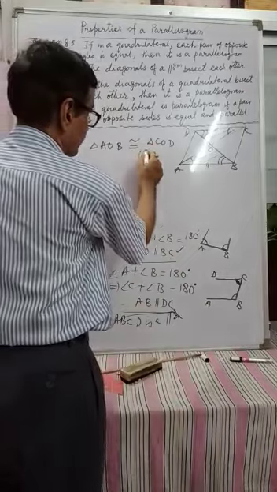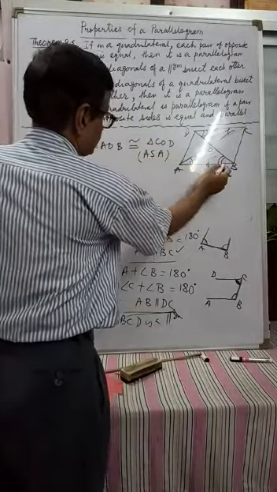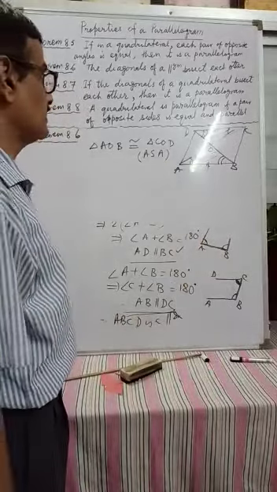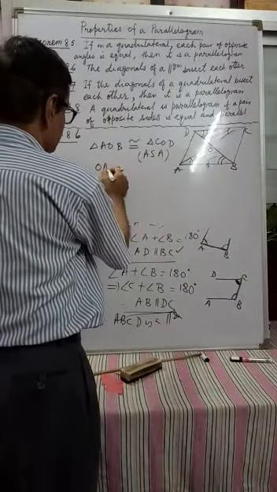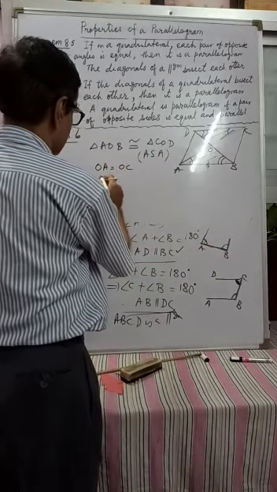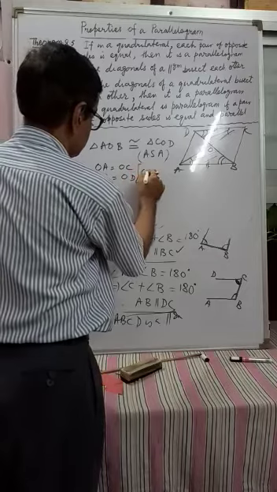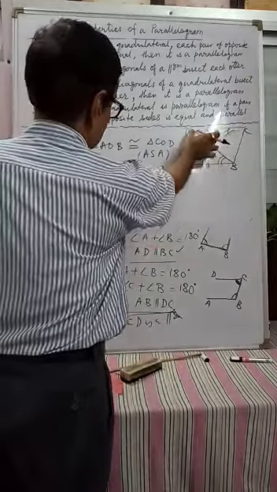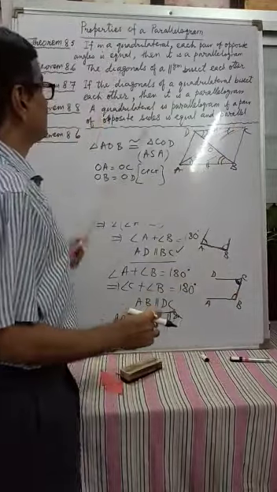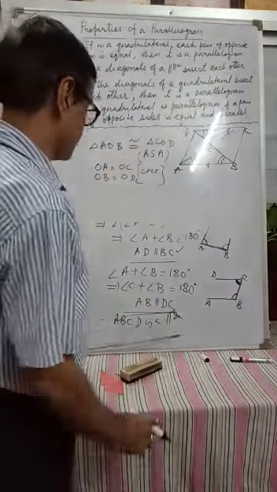Therefore, by CPCT, OA is equal to OC and OB is equal to OD. That means the diagonals of a parallelogram bisect each other.